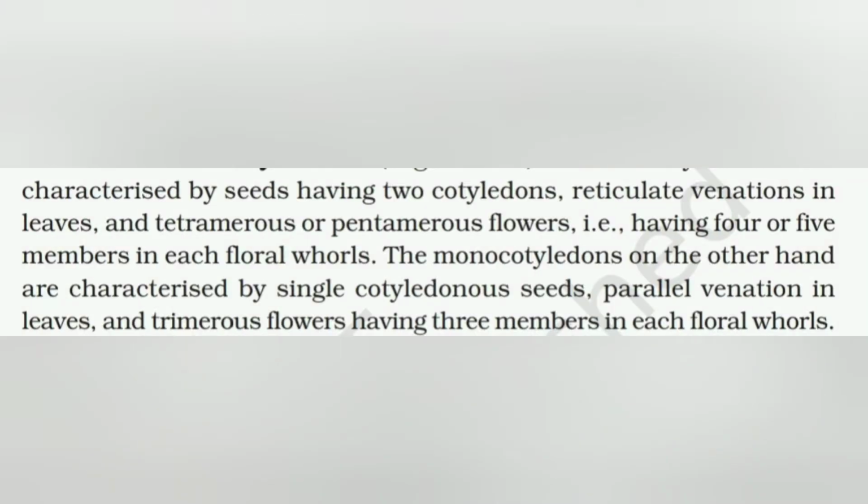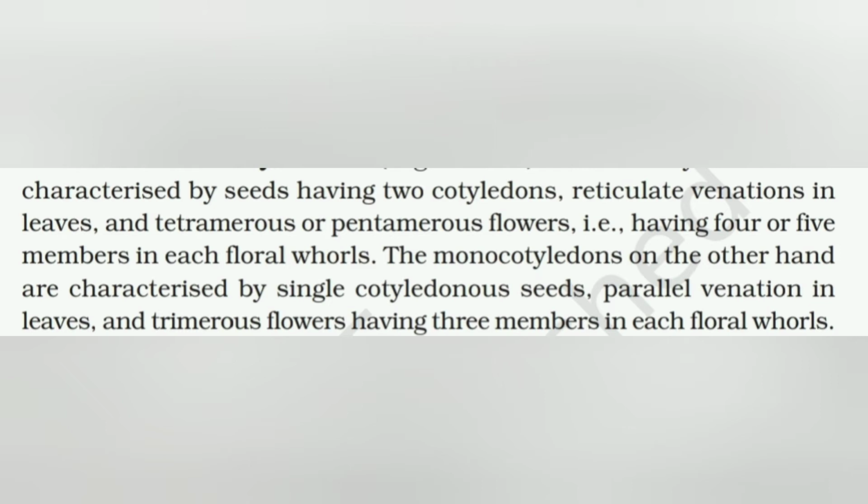Along with the difference in cotyledon number, they also differ in the type of venation in the leaves. Venation means the pattern of veins in leaves. So the pattern of veins is known as venation. Dicots have reticulate venation in which the veins appear like a network, and the flowers are tetramerous or pentamerous. Tetra means 4, penta means 5.